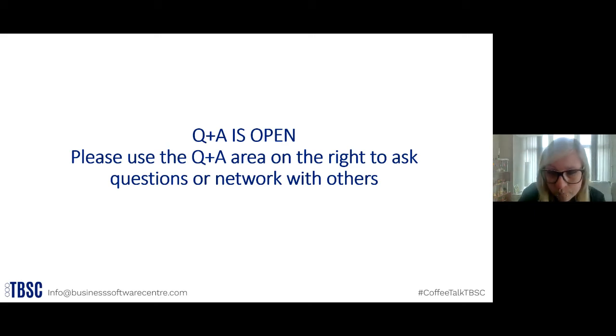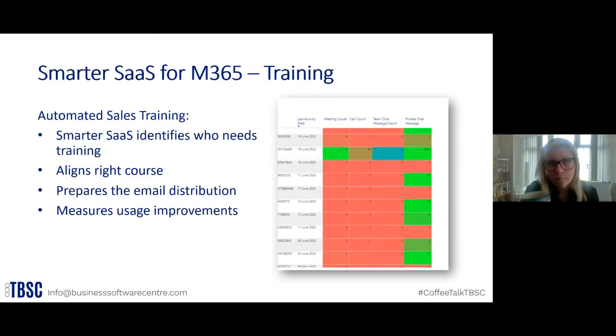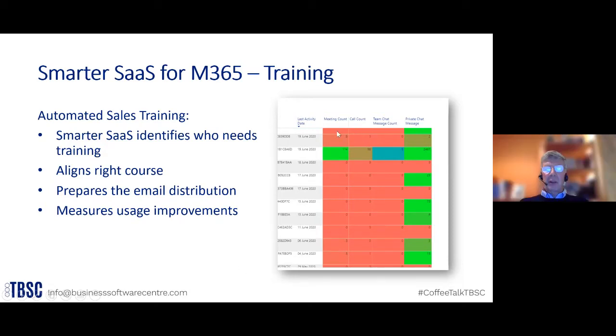The first thing I was going to say is to set the scene for how we at TBSC link in with SmarterSaaS 365 into online training. Many of you who have seen our technology are familiar with things like this screenshot from Teams, which shows red areas where people are not using particular facilities in Teams, and the green or turquoise shows where people are active.